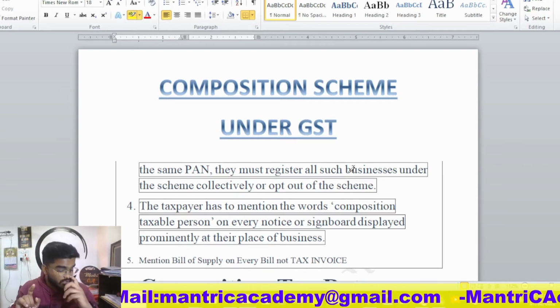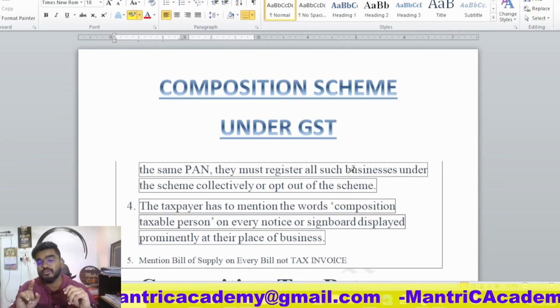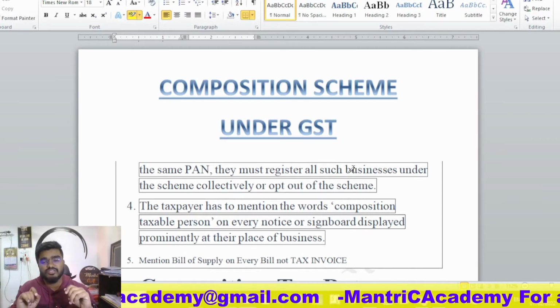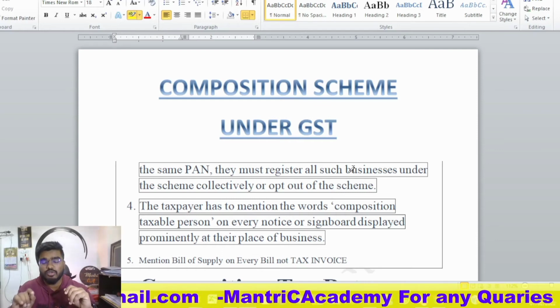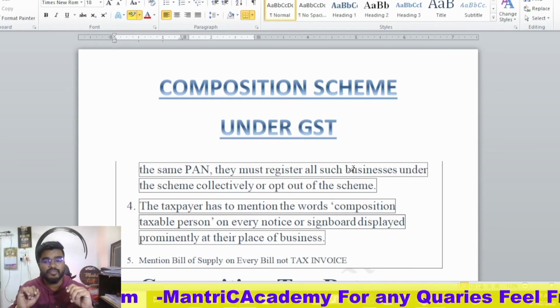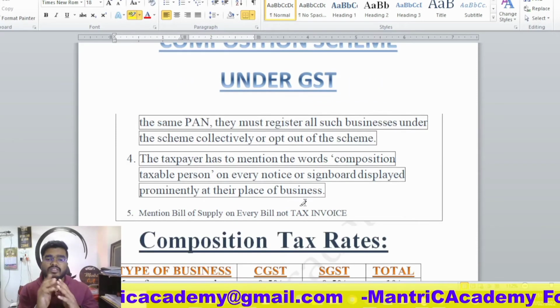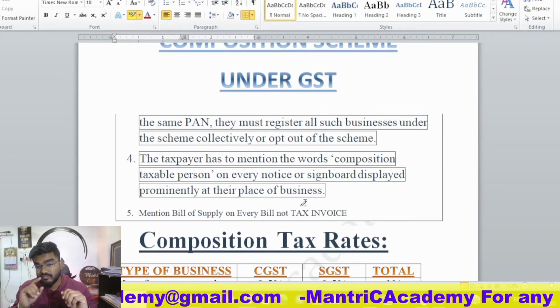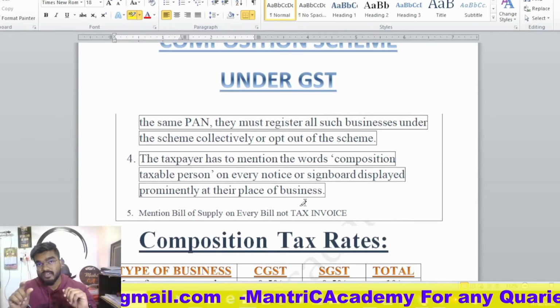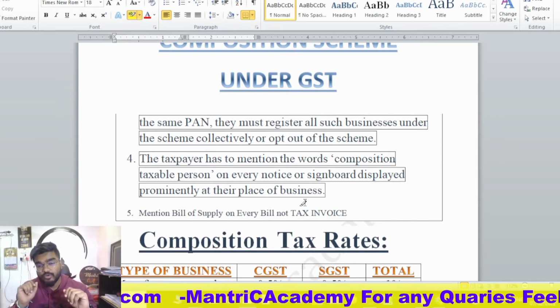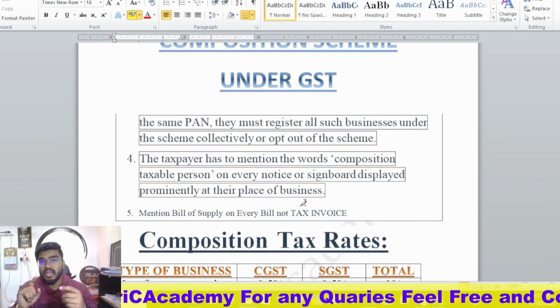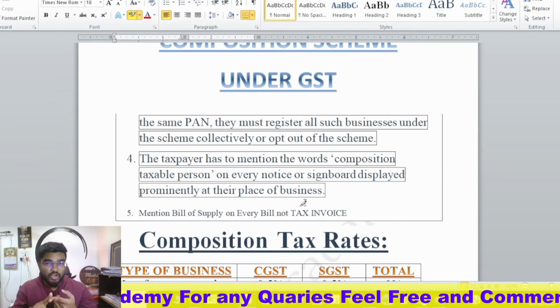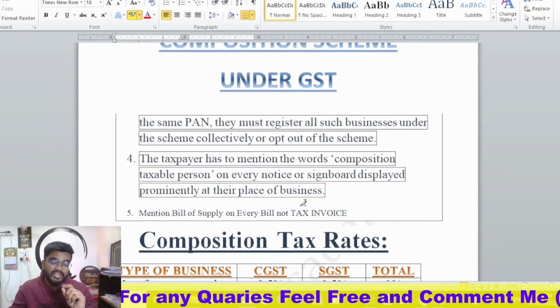So that is one point you need to know: if you want to take a business under composition scheme, another business within the state must also be in a composition scheme. The taxpayer has to mention the words composition taxable person on every notice or signboard displayed at their places of business, and he has to issue a bill of supply and not a tax invoice.